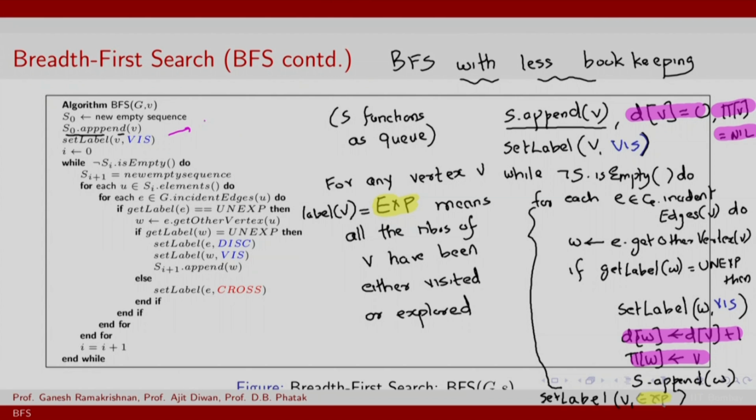So the optional steps here are as follows: you can set the d of V to be 0 and pi of V to be nil. You could do the same thing here. D of W is d of V plus 1, pi of W is V, or e if you want to keep track of the edge.